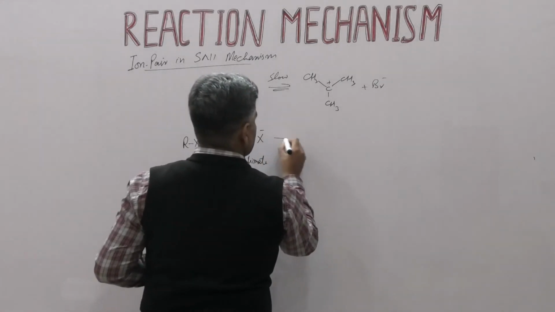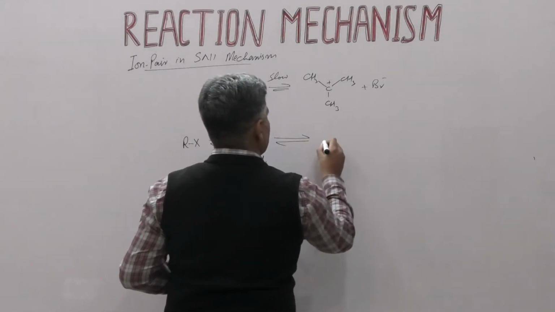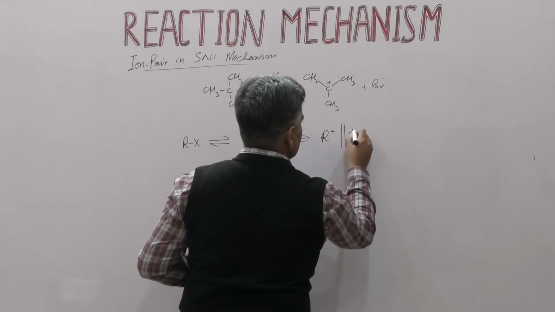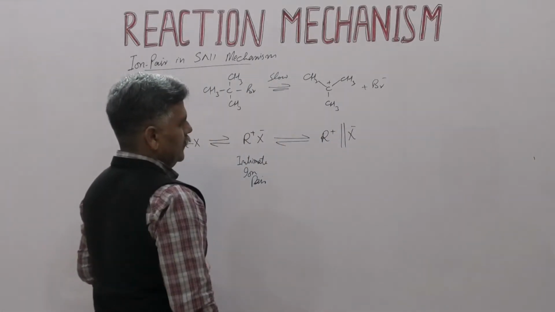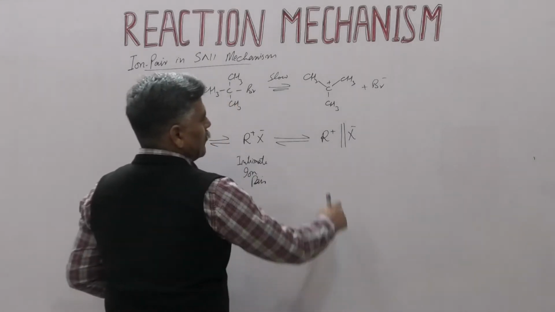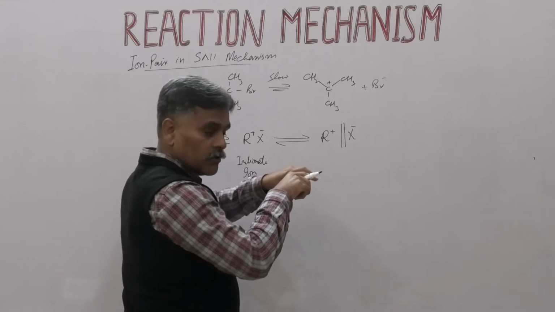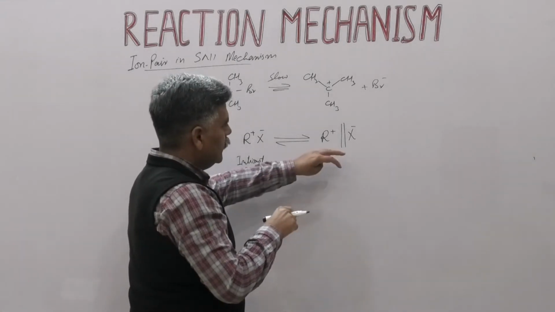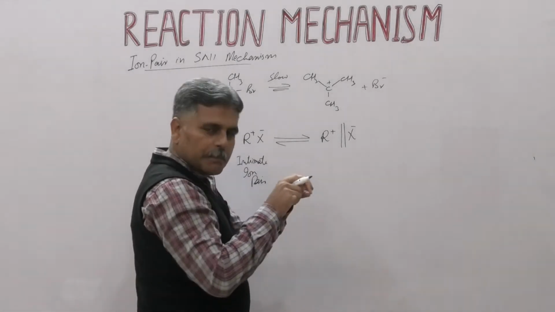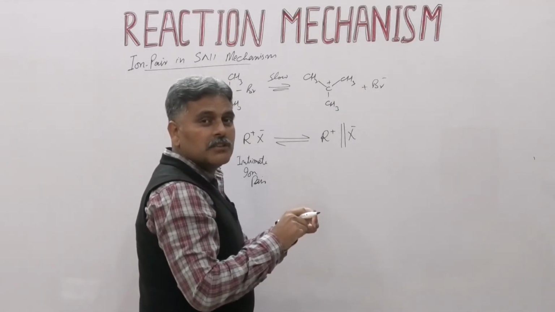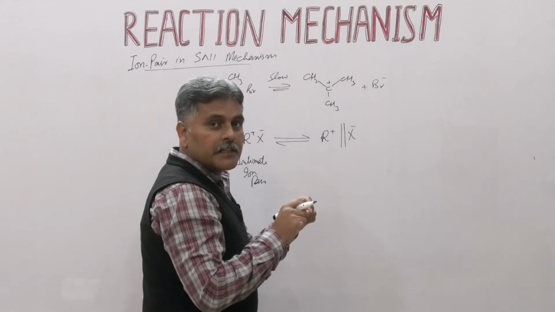Then the next stage is R positive and X negative, with a separation between them. These lines actually represent some disconnection, or somehow a separation of these ions, or we can say that these are solvent separated ion pairs.